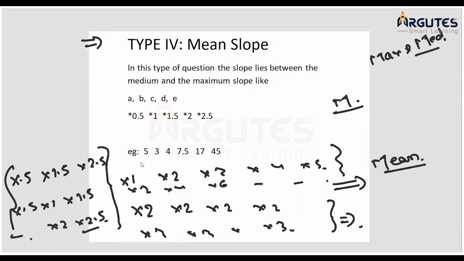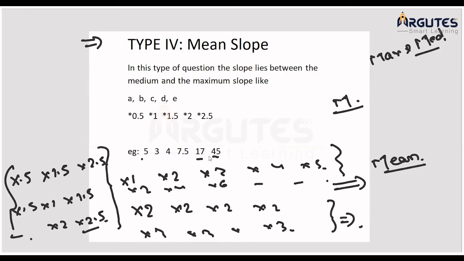Okay, so let's see one example. The example here is 5, 3, 4, 7.5, 17, 45. Again we will look at the slope. 45 is a greater number, 17 is a smaller number just below that. So 45 is how many times of this 17?